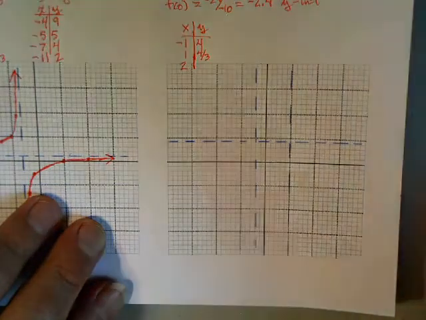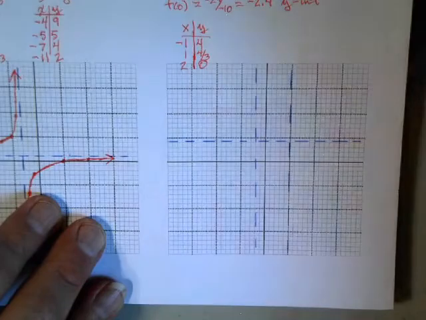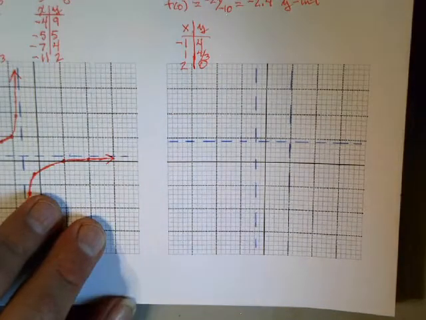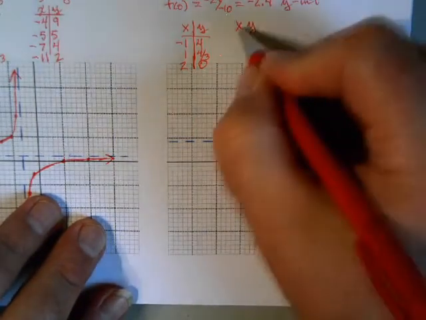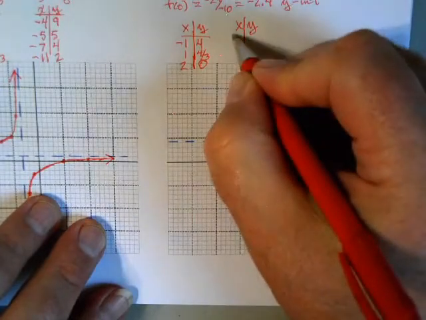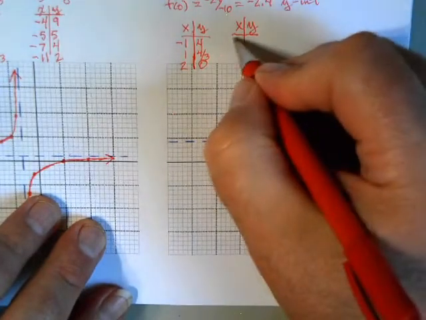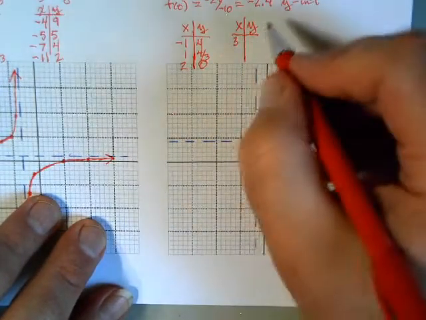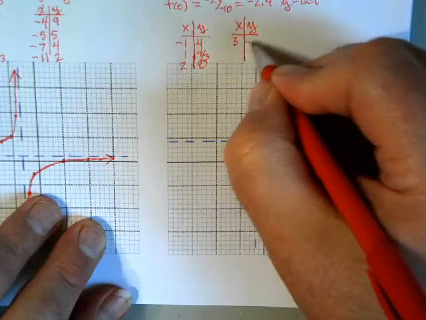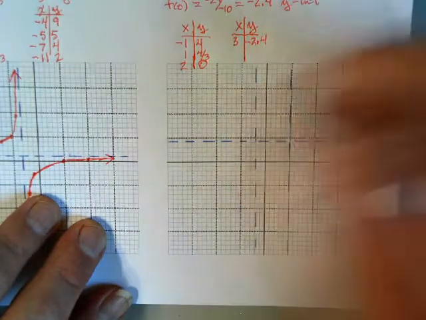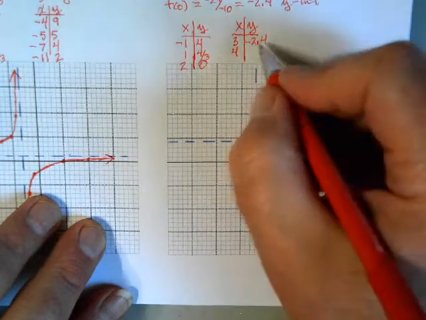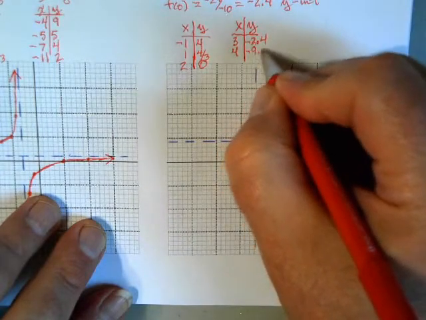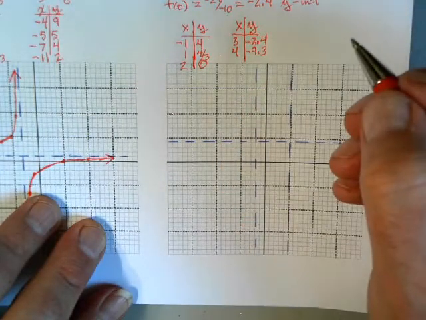Continuing on. Let's do 3. 3 ends up being negative 2.4. I'm not going to go through all of the calculations. You can repeat those if you want. Let's see. Negative 1.5 is 6.5.